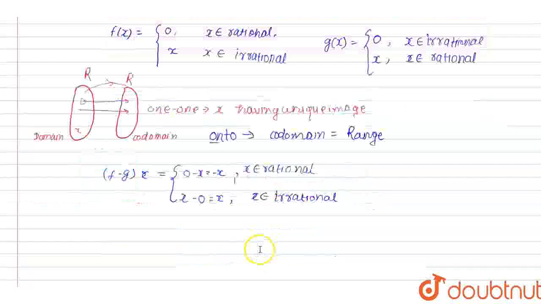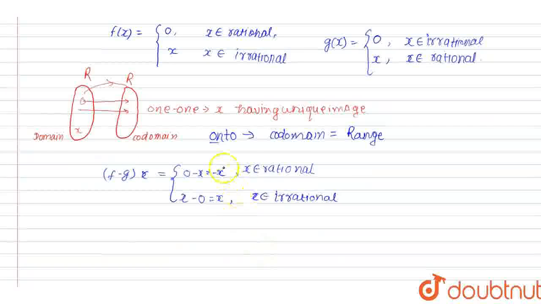Now we check whether f minus g of x is one-one or onto or not. If we put x equal to 1, the image will be minus 1, and if we put x equal to 2, the image will be minus 2.